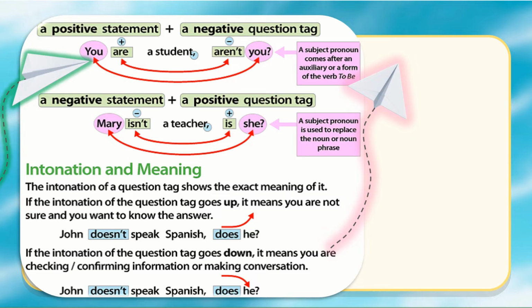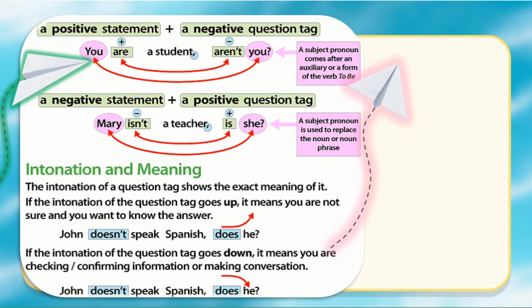Then we have the intonation and the meaning. The intonation of a question tag shows the exact meaning of it. If the intonation of the question tag goes up, it means you are not sure and you want to know the answer. For example, John doesn't speak Spanish.